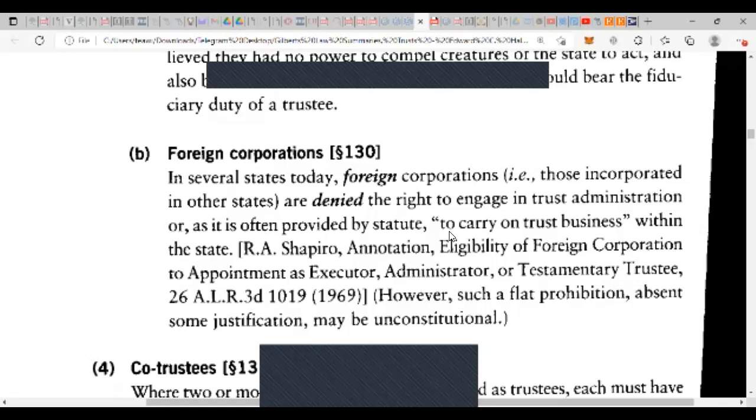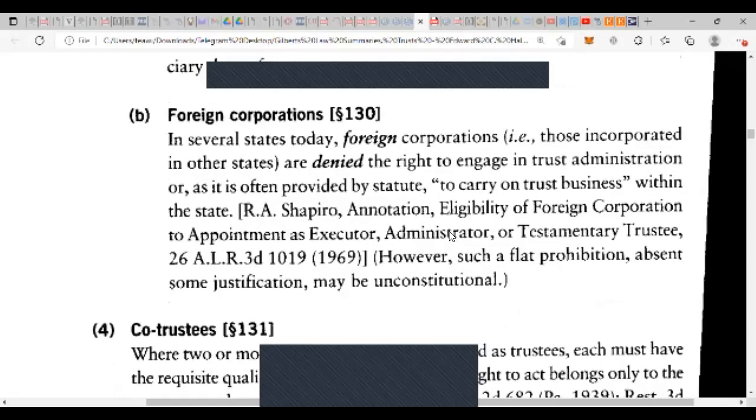R.A. Shapiro, annotation, eligibility of foreign corporation to appointment as an executor, administrator, or testamentary trustee, 1969. However, such a flat prohibition, absent some justification, may be unconstitutional.